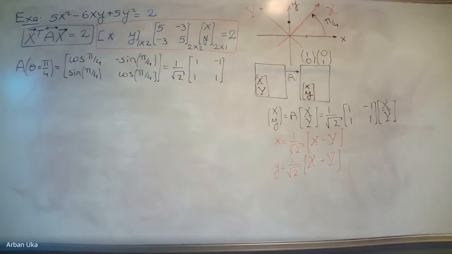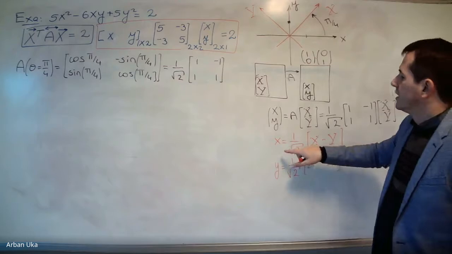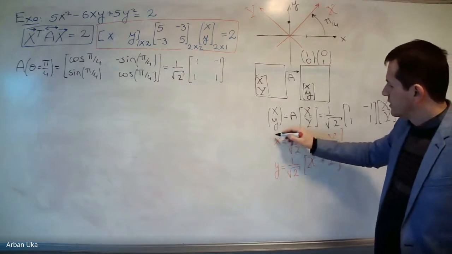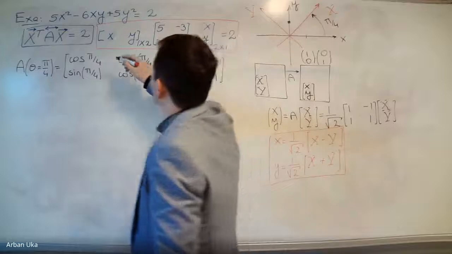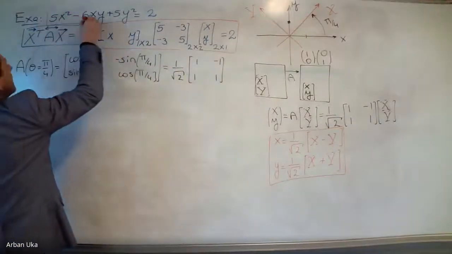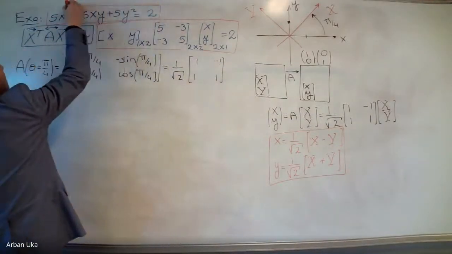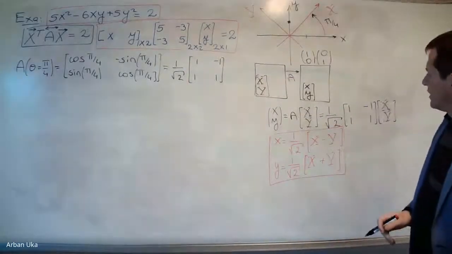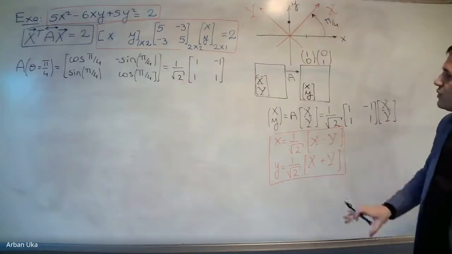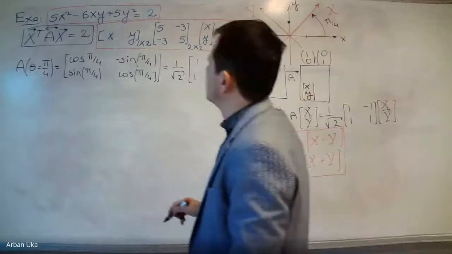Okay, so here we have two expressions, and then what we can do is substitute these values in the expression that was given initially. If we do that, what do we get? So this is what we have, and then let's substitute them here.